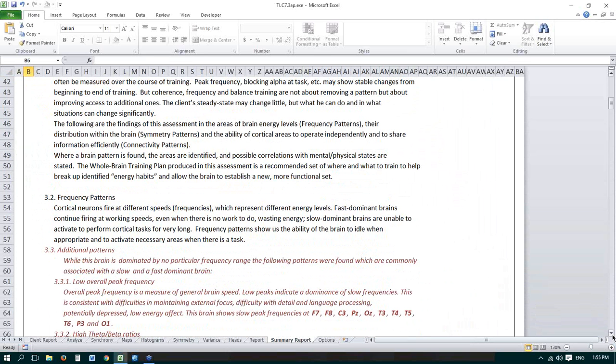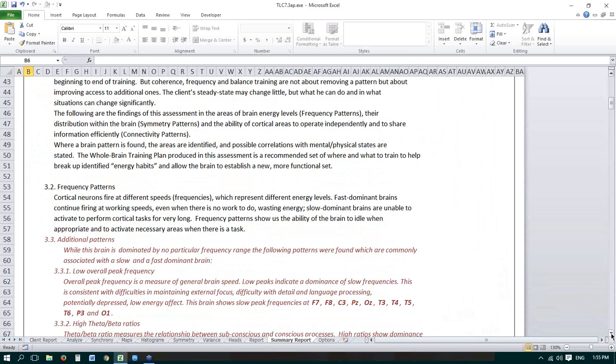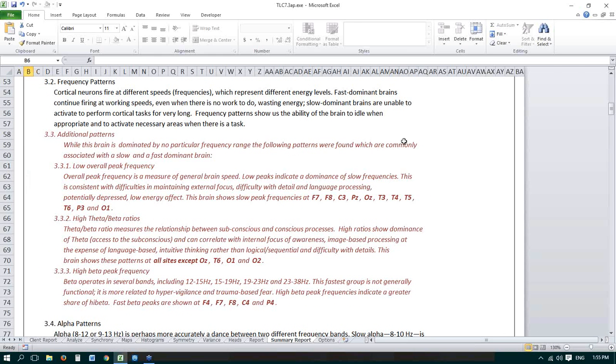And when we get down to the red, we can see that in this particular brain, it's not dominated by any particular frequency, but it does have these patterns. There's a low overall peak frequency, which could be related to problems with attention and motivation and so forth. And where are the sites that appears? Theta to beta ratios are high. Beta peak frequency is high, which indicates there's high beta in the brain.